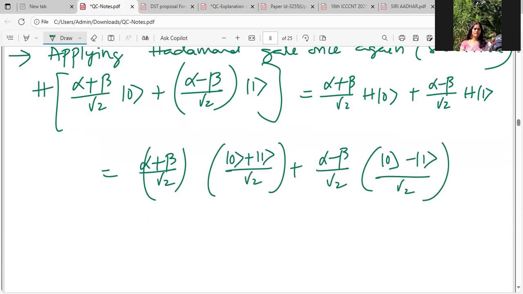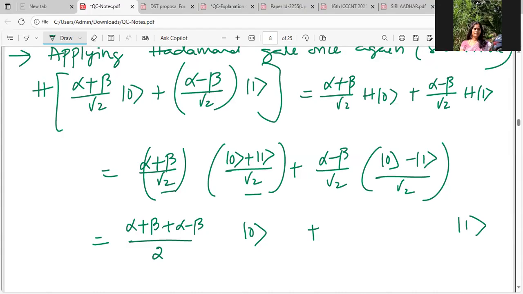Again collecting the coefficients of ket 0, what do you get? And collecting the coefficients of ket 1, what do you get? For ket 0, I'll be getting alpha plus beta in the first term and alpha minus beta in the second term, of course divided by 2, because root 2 into root 2 becomes 2.